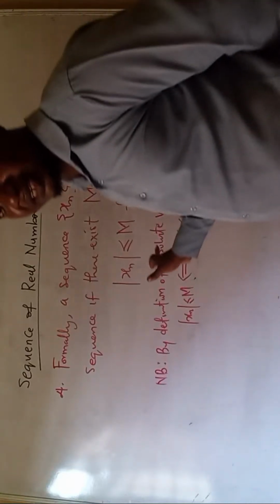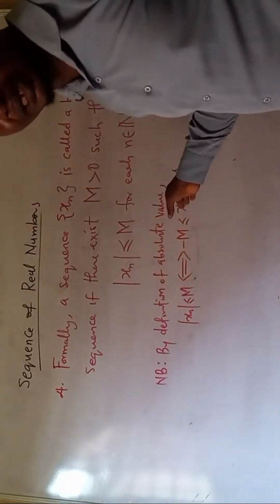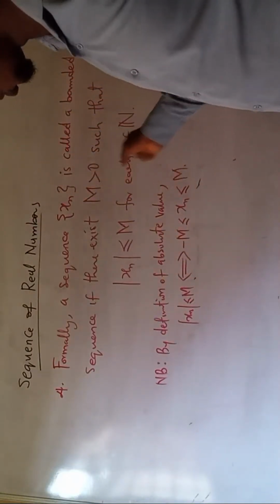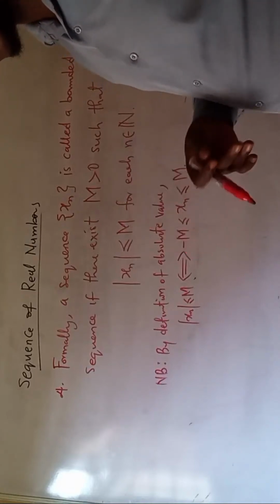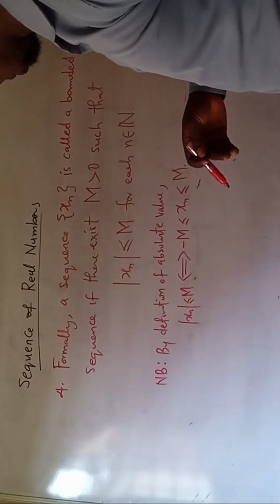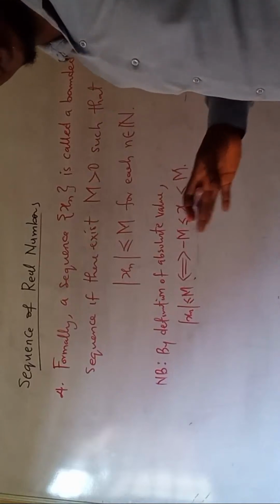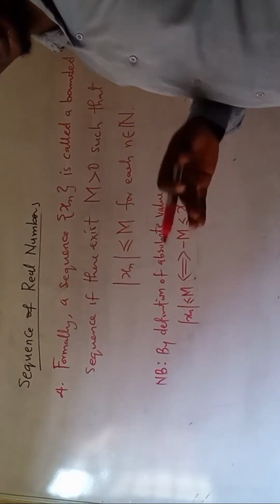So the previous example that we have considered to be bounded also satisfies these conditions, and many other ones that one can have. So this is all about the bounded sequence for now.